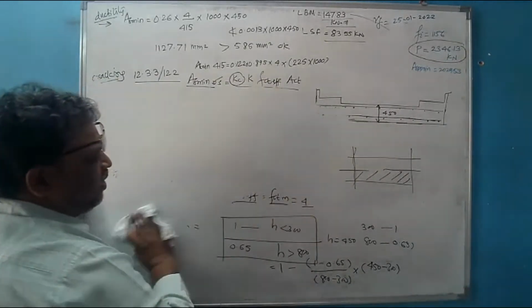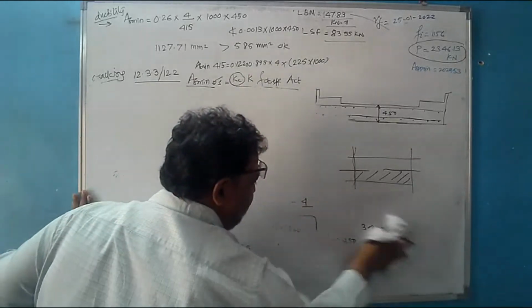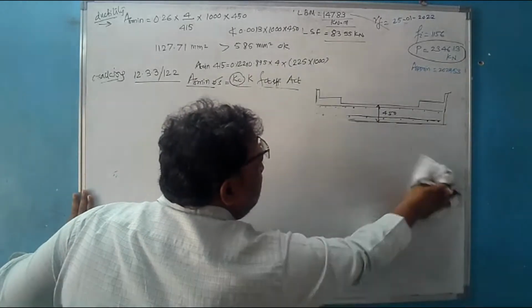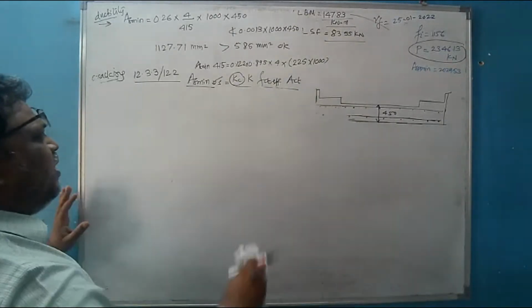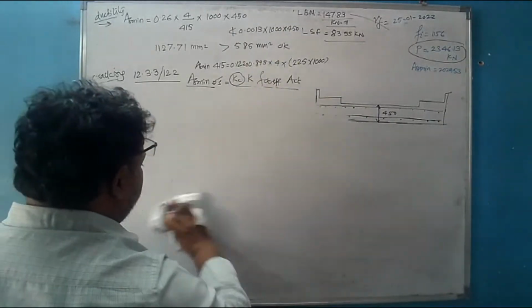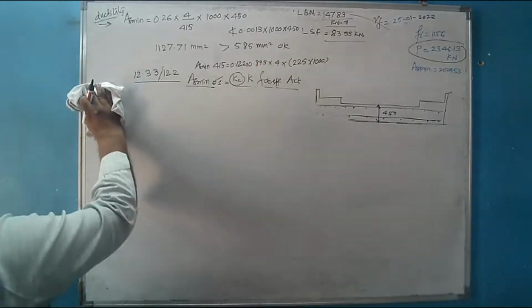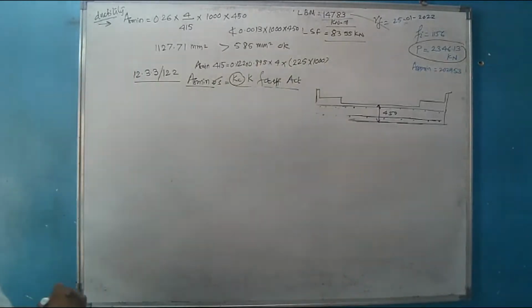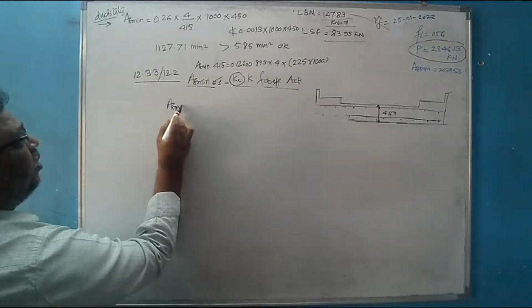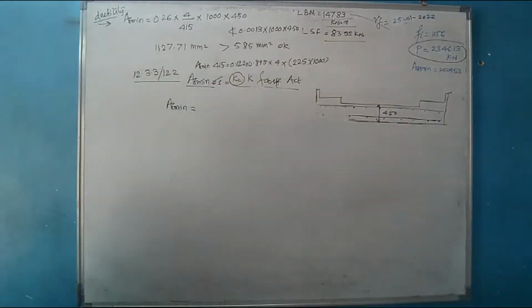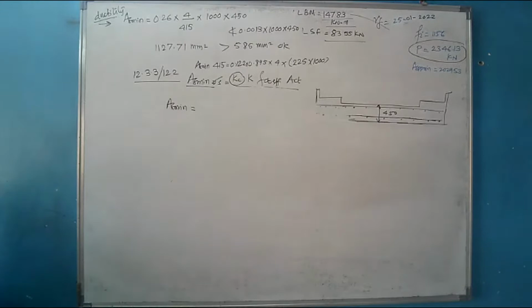What is the minimum area of steel to be provided? क्योंकि अभी अगर इतना प्रोवाइड करेंगे तो क्रैक नहीं होगा. उससे पहले भी हमने मिनिमम एरिया ऑफ स्टील प्रोवाइड किया, उतना रहेगा. It will be sufficiently ductile. This is from the cracking criteria. So what is the minimum area of steel required?